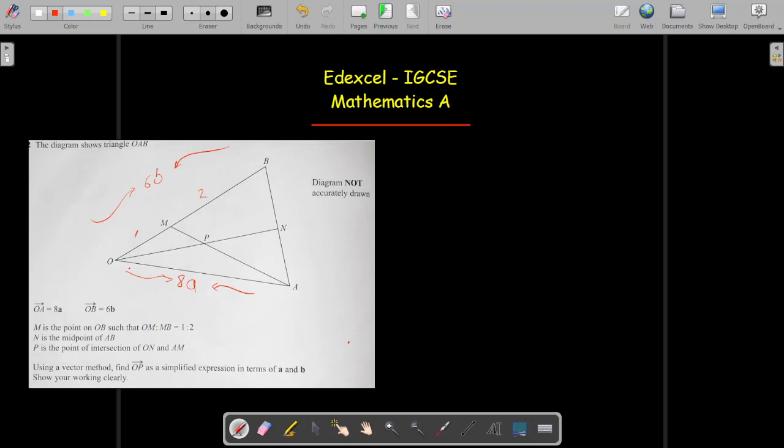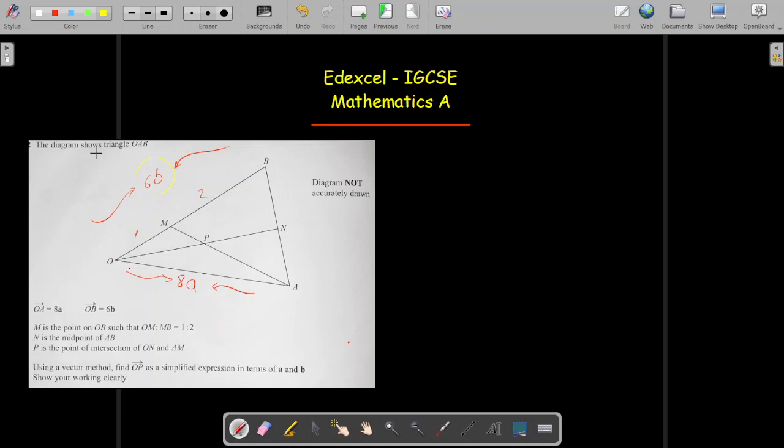So when I try to describe it, don't forget that this is 6b, right? So what's the third? This is representing a third of 6b. It means that's going to be equal to a third of 6b, so it's going to be 2b.